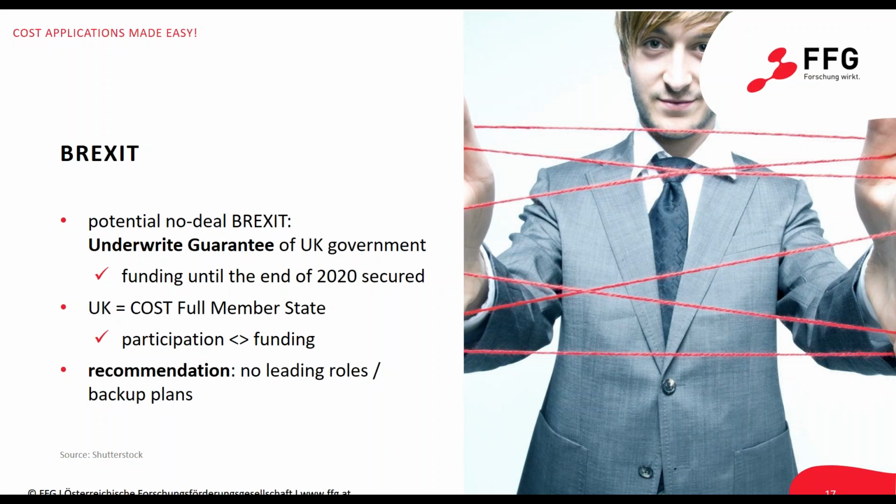I would just make sure that you reach the minimum criteria also without your UK partner, but in general, you can take them on and that's not the problem. We would just recommend to not define leading roles for the UK partner for now and have backup plans if that's a really crucial partner.